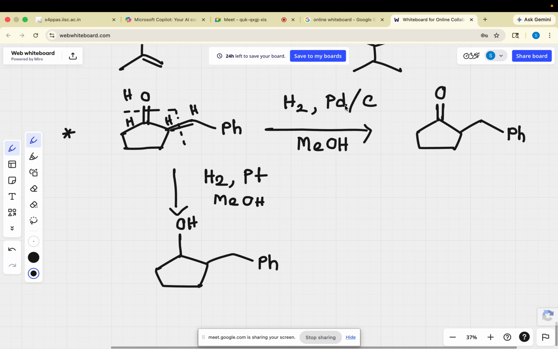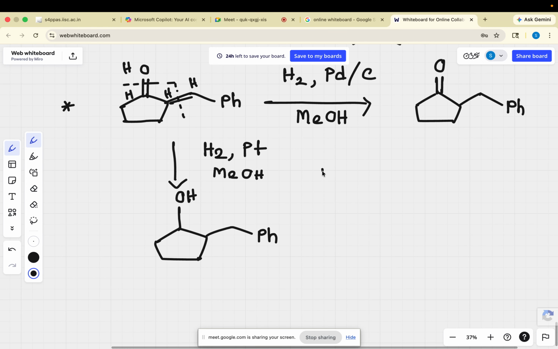With palladium, only the double bond is reducing and the ketone group remains intact; it is not reacting. But if you change the metal to platinum, the double bond is reducing as well as the carbonyl group.